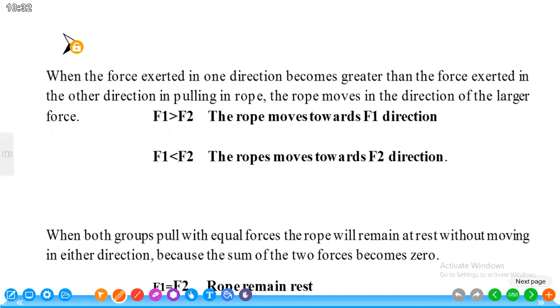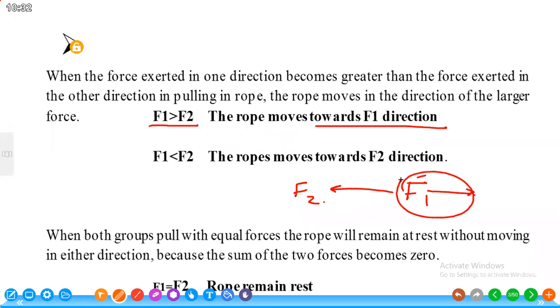On this side we consider F1, on this side F2. If F1 is greater than F2, the rope moves towards the F1 direction. The side with the larger force is the side the rope will move.